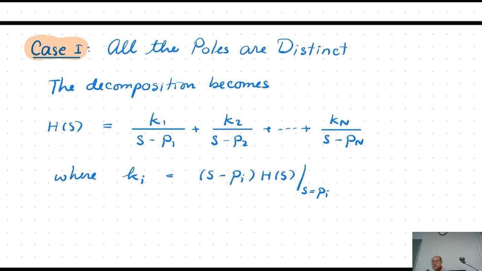This is how to determine Ki. This is how to determine the numerator corresponding to s minus pi.